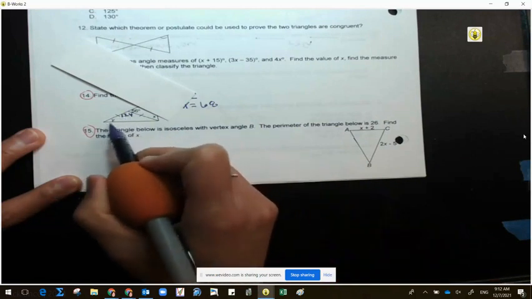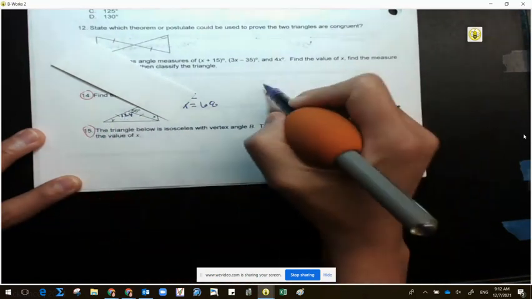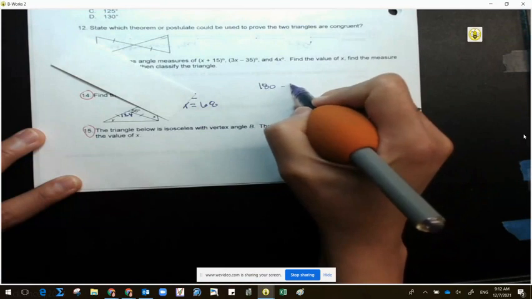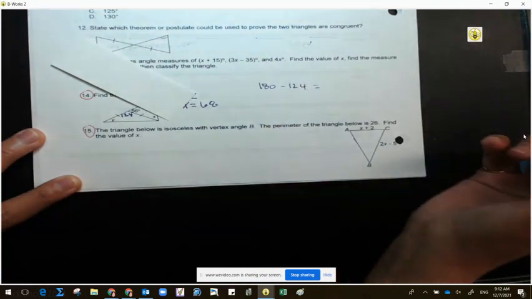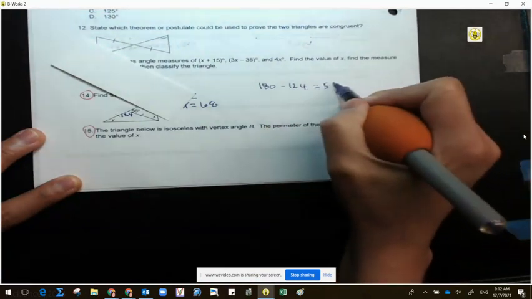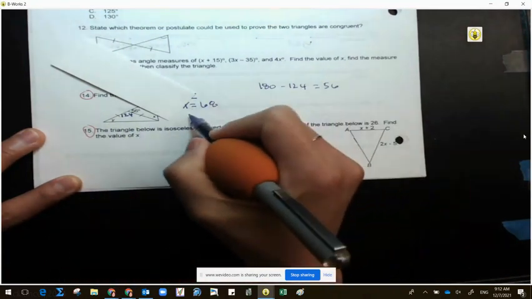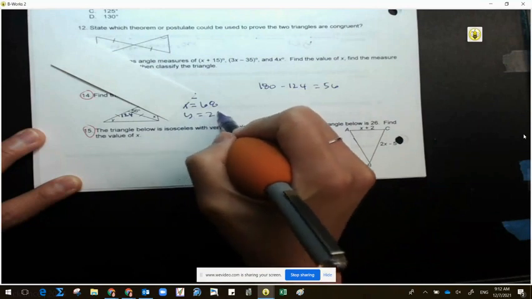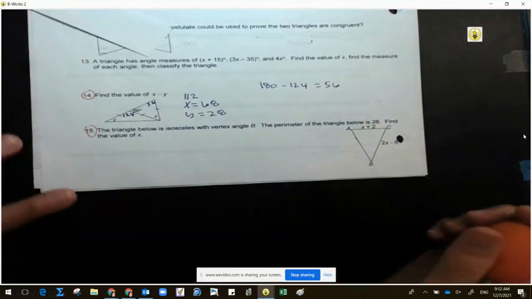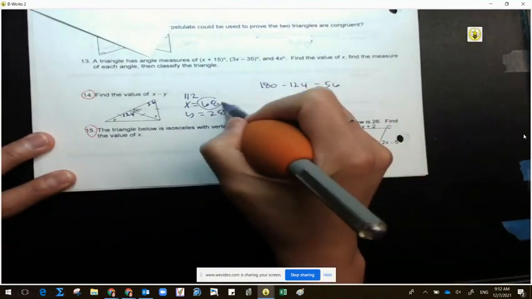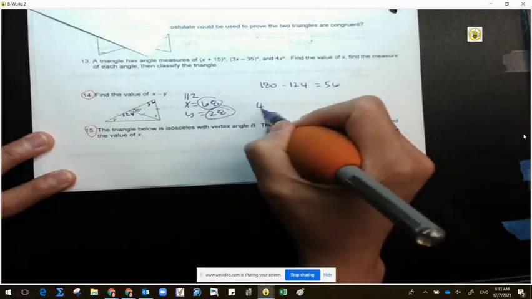Then I know we have another isosceles triangle. So if I take 180 minus 124, that's going to give us how many? And then I know 56 is going to be divided between these two. So we know y has to equal how many? 28. And the question says x minus y. 68 minus 28 is 40.